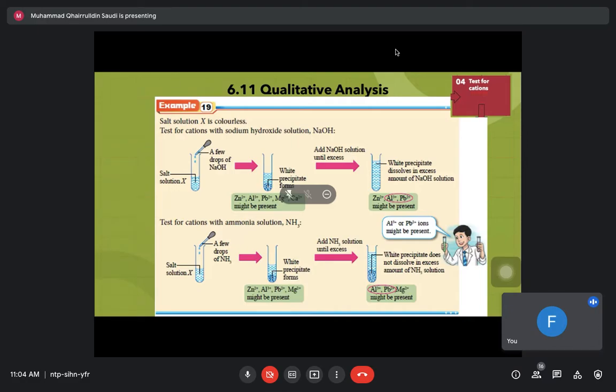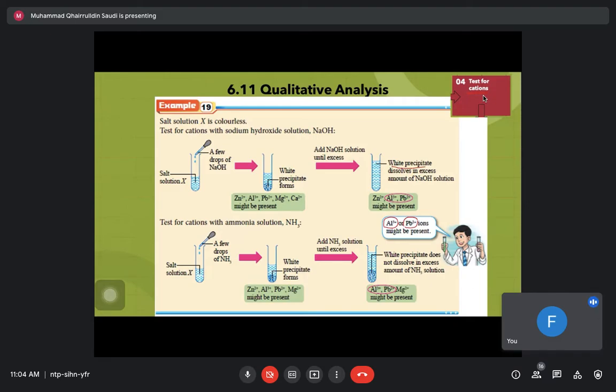After this step, we should be able to identify what is our anion in the salt and what is our cation. But there will be times where we cannot identify whether it is aluminium ions or lead ions that are present in our salts, because the observation for these two ions is the same.